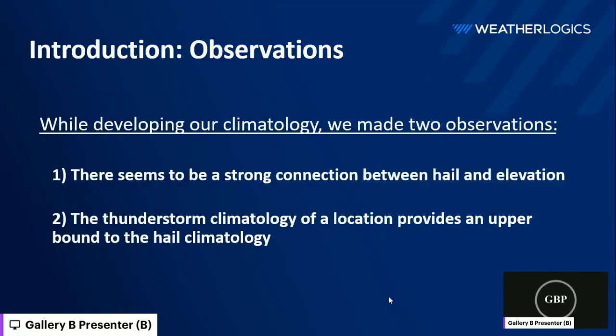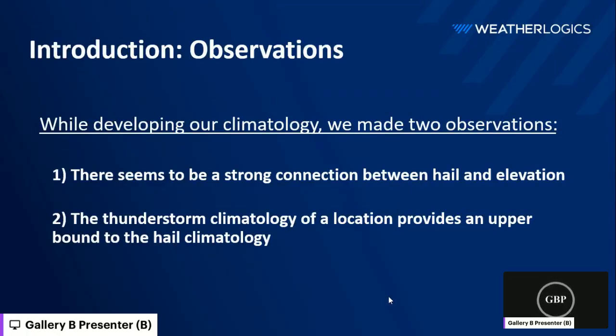So in producing a climatology, we basically started with two key observations. Number one, it seems that hail is very connected to elevation. We know that in places like the Alberta foothills, there's a lot of hail, and other parts of the world too, like the Alps, Pyrenees, and foothills in Colorado, all get a lot of hail.